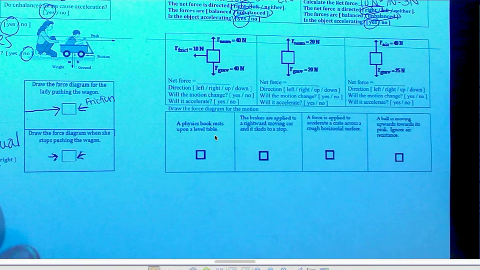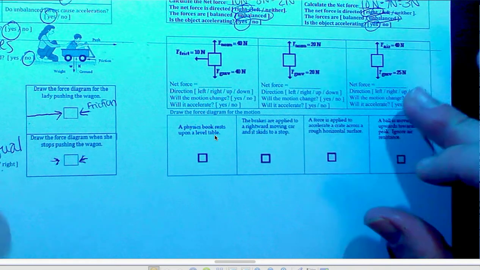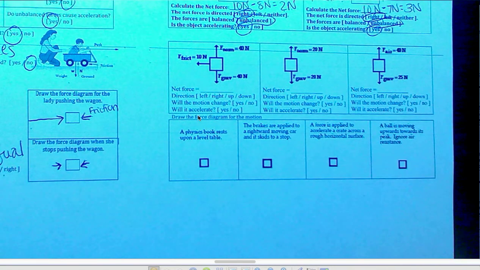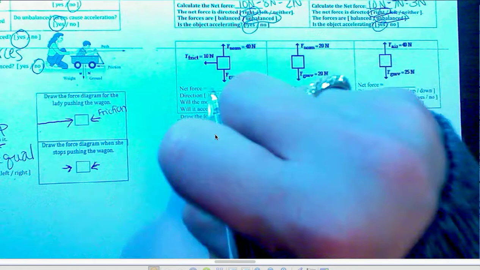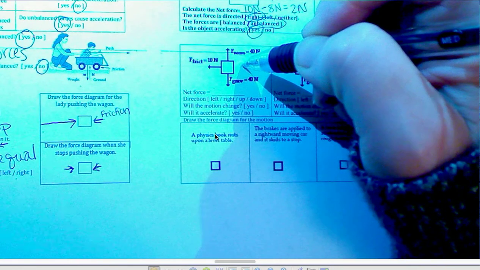Okay, so let's do some vertical ones now. Okay, so now we have some vertical and some horizontal.